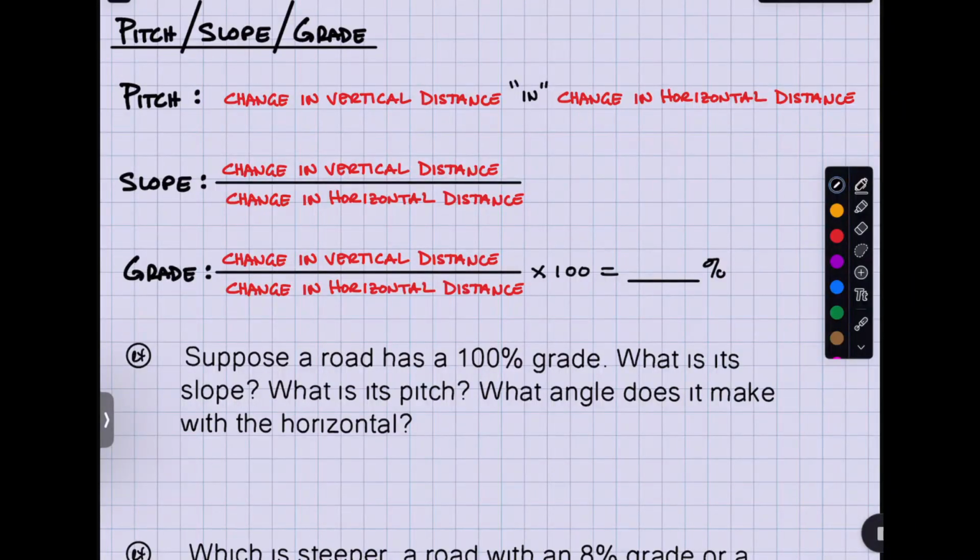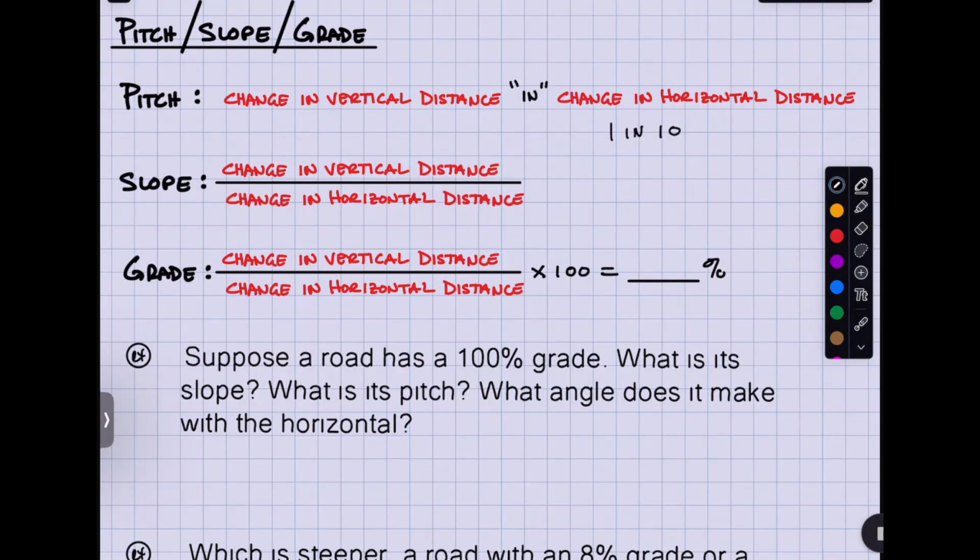The issue is that a lot of times they don't use labels with it. They use the same label for both. So they might say, hey, the pitch is 1 in 10. And that might be 1 foot in 10 feet, right?